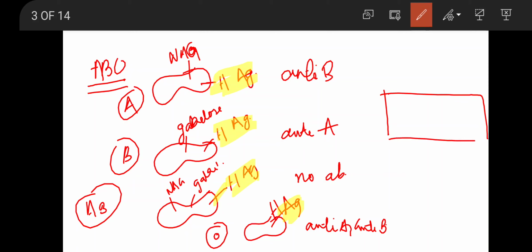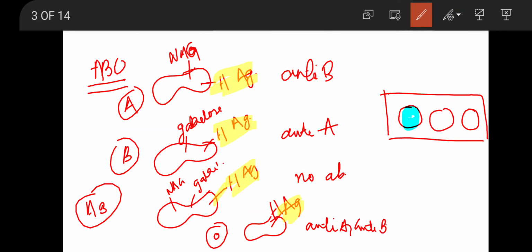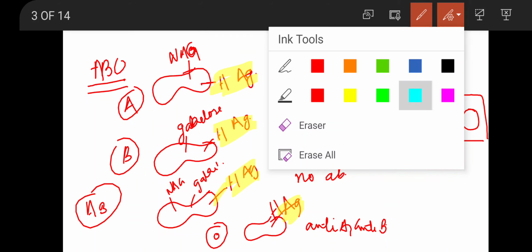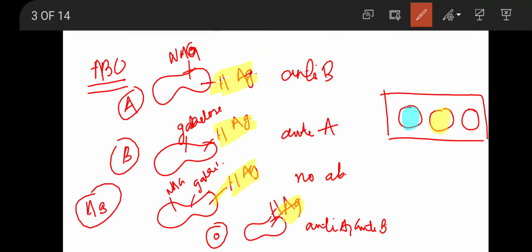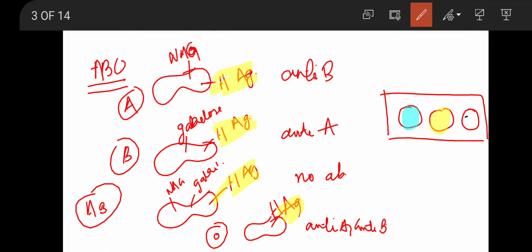When you do blood grouping, this is the slide, the tile method, you know tile. So you know the colors you are adding: blue, yellow, and next is gray. You remember this?